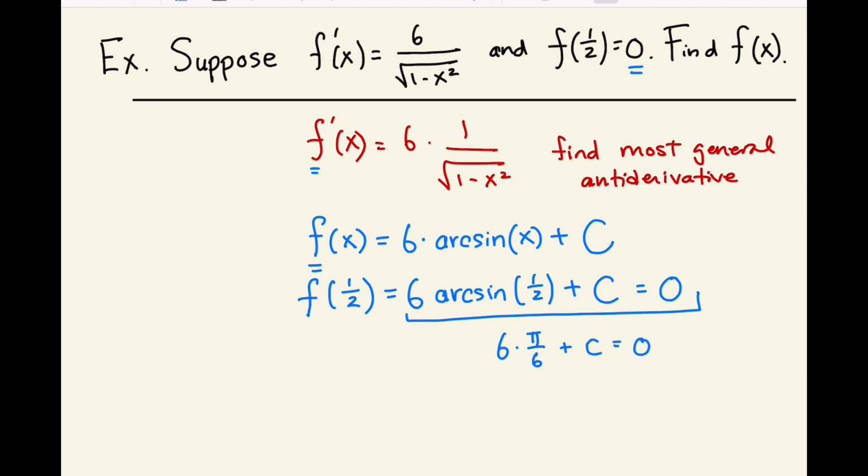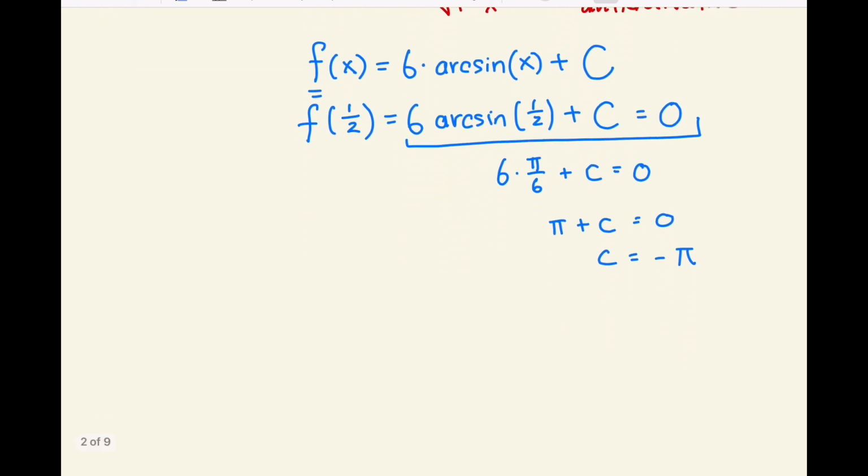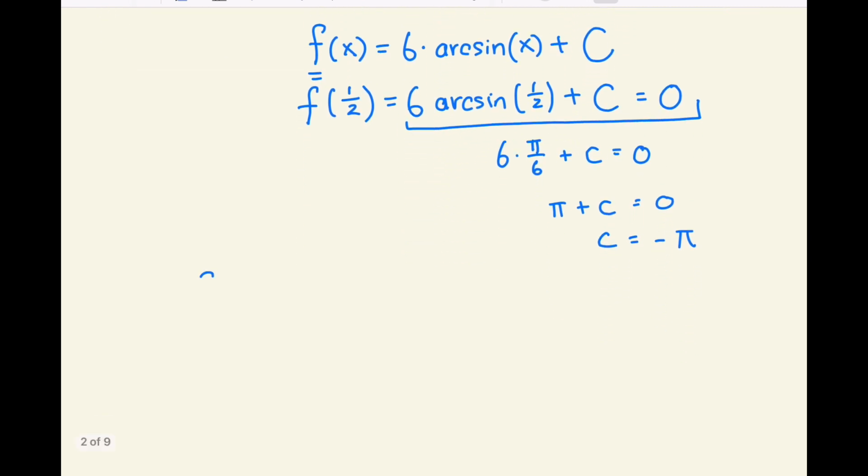So this tells me that pi plus c is equal to 0, or c is equal to negative pi. And now finally, my antiderivative is f of x equal to 6 arcsine of x minus pi.